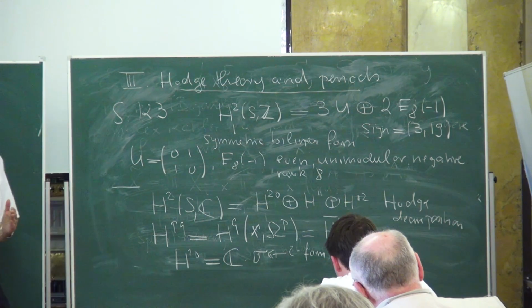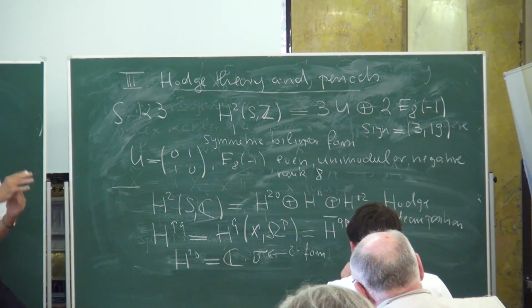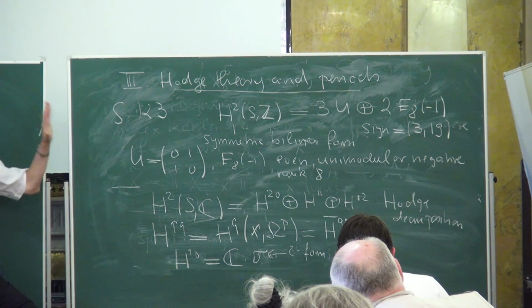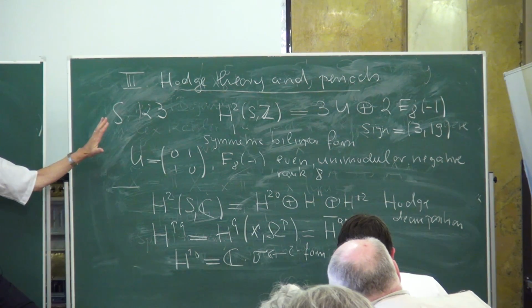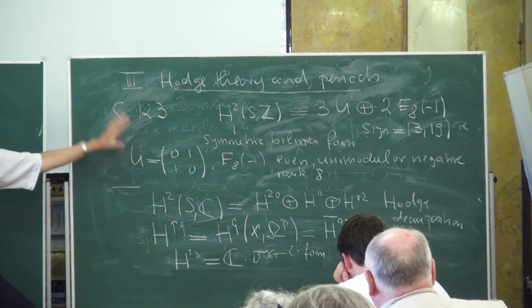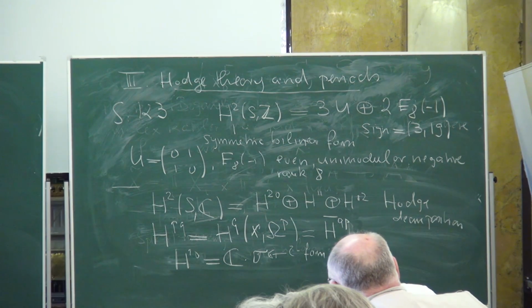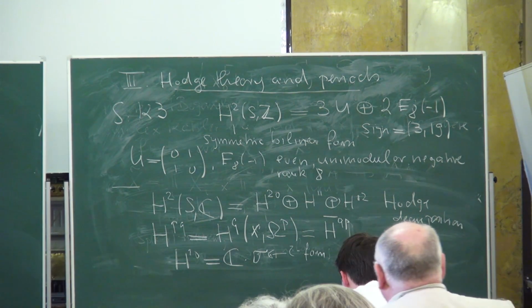And Hodge theory is about the relation between this discrete structure and this linear structure. And the amazing thing, and this is Torelli, tells us that essentially all the geometry of a K3 surface is encoded in these data. So let me try and make that precise. So definition.